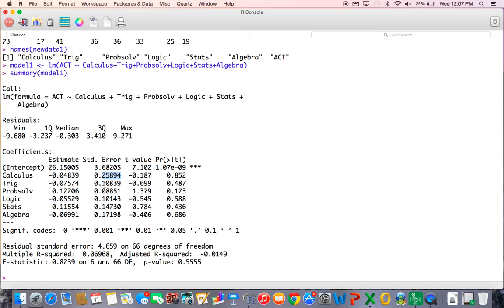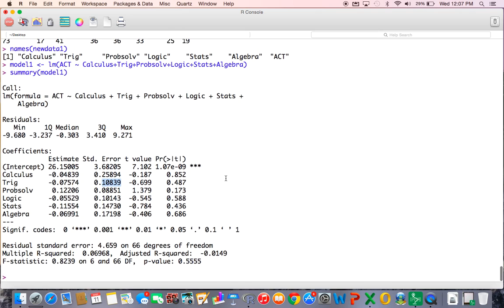Got standard errors that are relatively high.